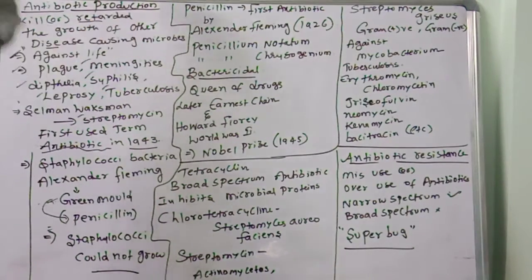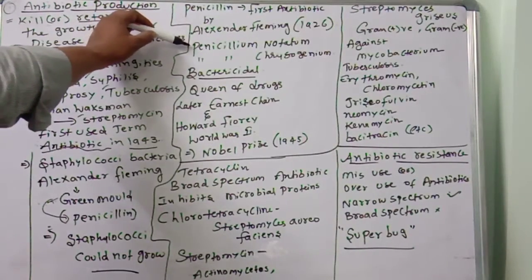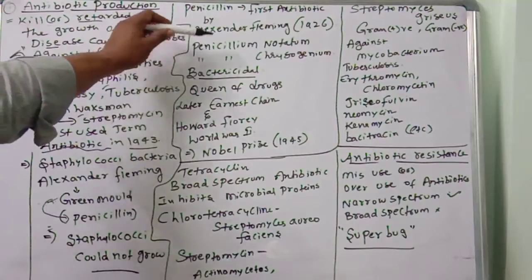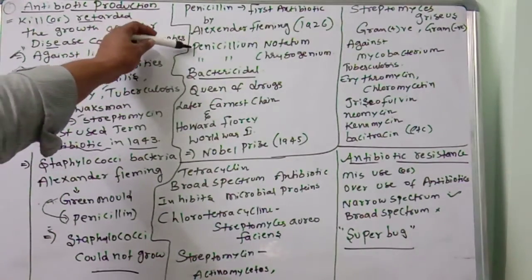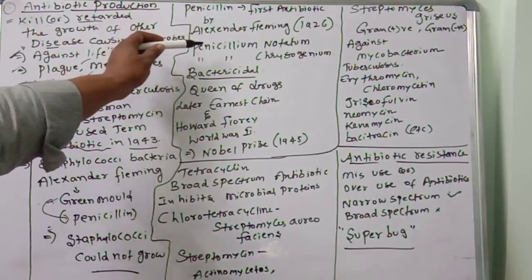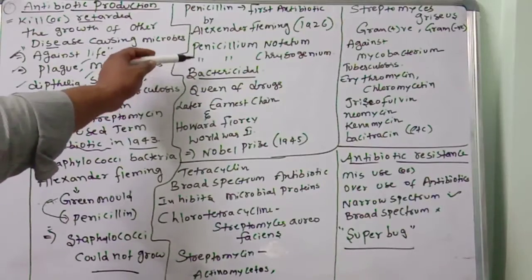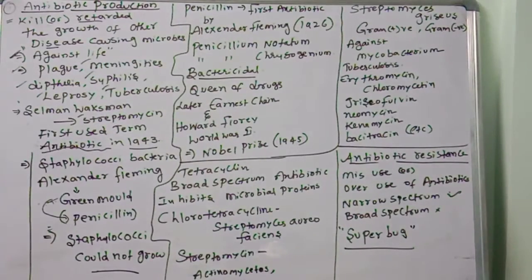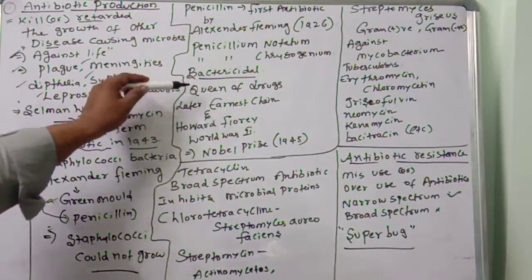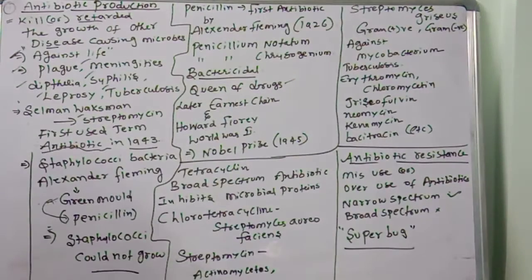There are two fungal species: Penicillium notatum and Penicillium chrysogenum. Remember these two. They are bactericidal, they kill bacteria and stop the growth of bacteria. Penicillin is called the queen of the drugs.